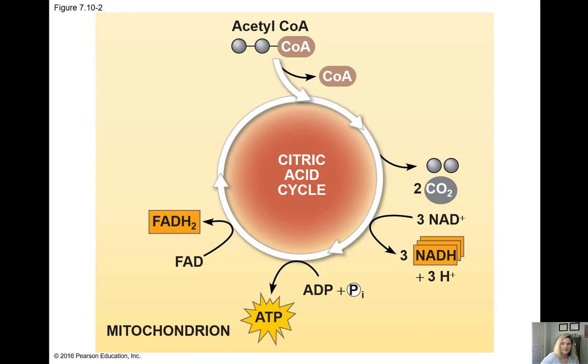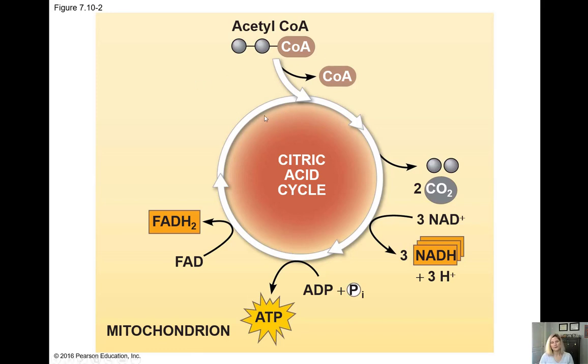Okay, now the citric acid cycle does have a series of steps, and you don't need to memorize any of those steps. So I like this particular figure. I'll show you a more complicated figure in a minute, but this particular figure is all you need to know. So we're taking in that acetyl-CoA, okay, remember the acetic acid plus the coenzyme A. That coenzyme A gets recycled, so that's going to go pick up another one. So now this acetic acid will enter the citric acid cycle, where it will attach to another 4-carbon chain.